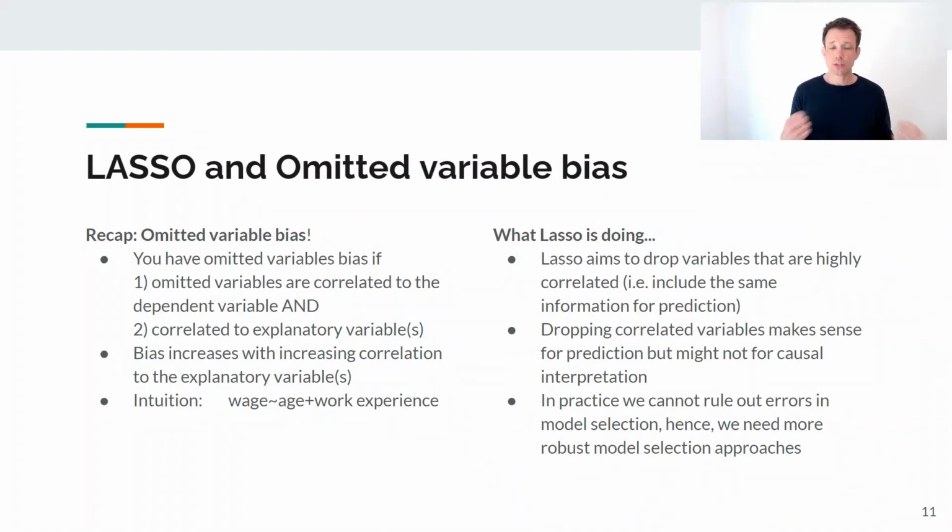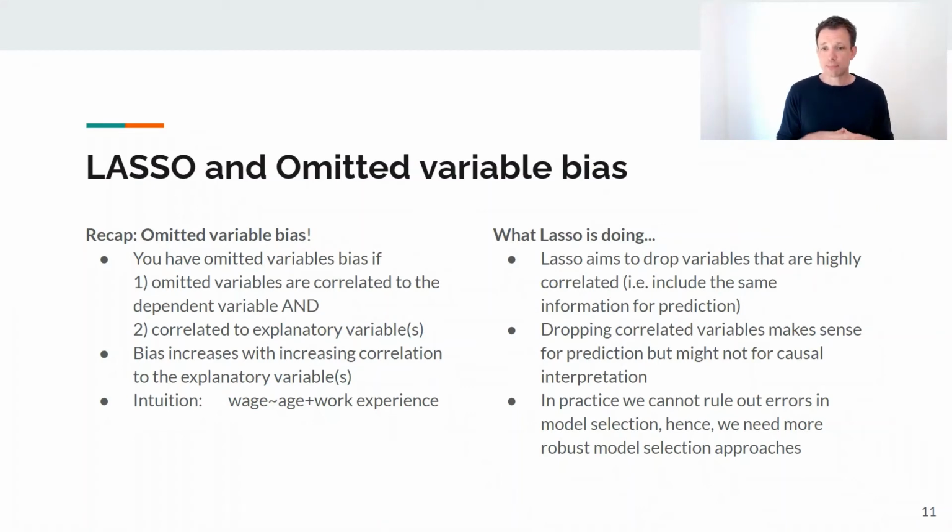Ideally, we would want a model selection approach that selects really those variables that matter and does not include an omitted variable problem. So we would want a procedure that includes all variables that matter for y, and then we would not have an omitted variable problem.